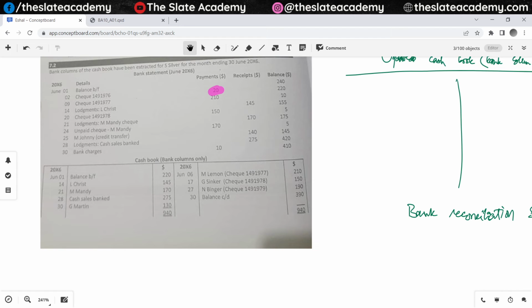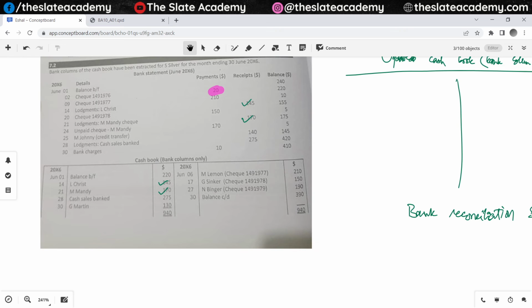We'll match it. Then we received a payment of 145 from L Christ on 14th, and on 14th I can see in the bank statement that there is a receipt of 145 from L Christ. Then there is a receipt of 170 from M Mandy in cash book, and there is a receipt of 170 M Mandy in the bank statement as well.